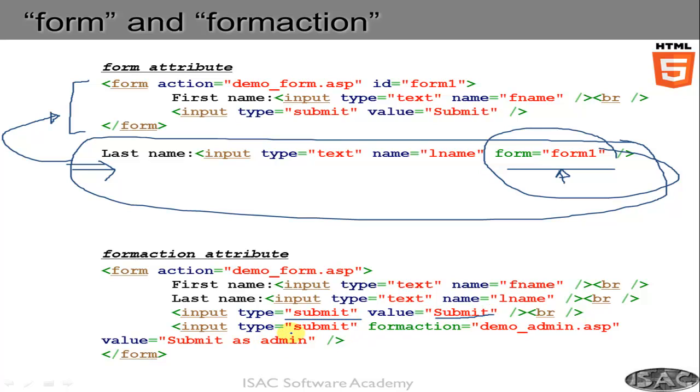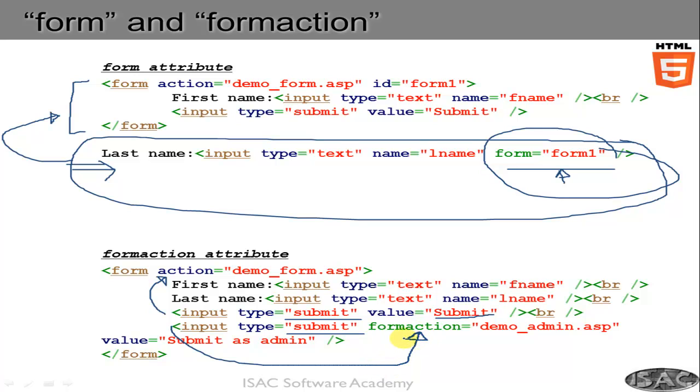There is another submit. So there are two submit buttons in the same form. Now it was again not possible in the HTML4 days to have two submit buttons. In HTML5 you can have two submit buttons, and when this is submitted, this will trigger this action and this one will trigger this action.